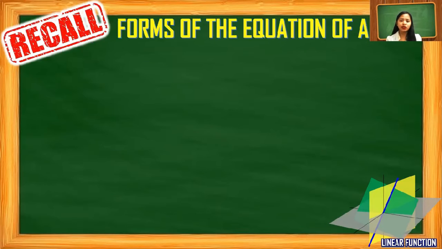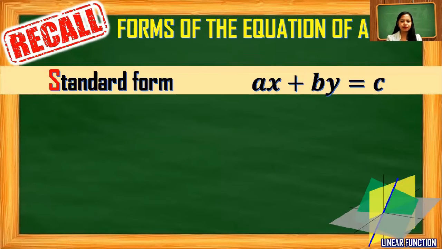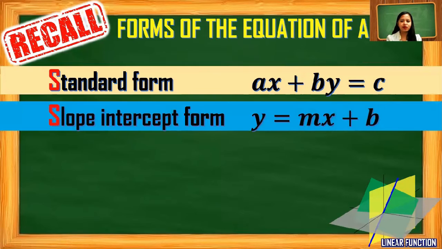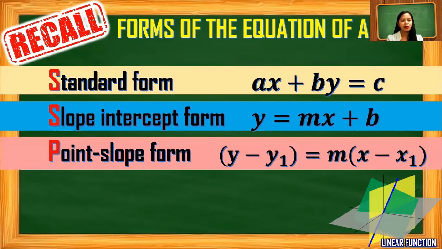For now, let's recall the forms of the equation of a line discussed to us in our lower years. We have the standard form, ax plus by is equal to c; the slope-intercept form, that is y is equal to mx plus b; the point-slope form, that is y minus y sub 1 is equal to m times the quantity of x minus x sub 1.